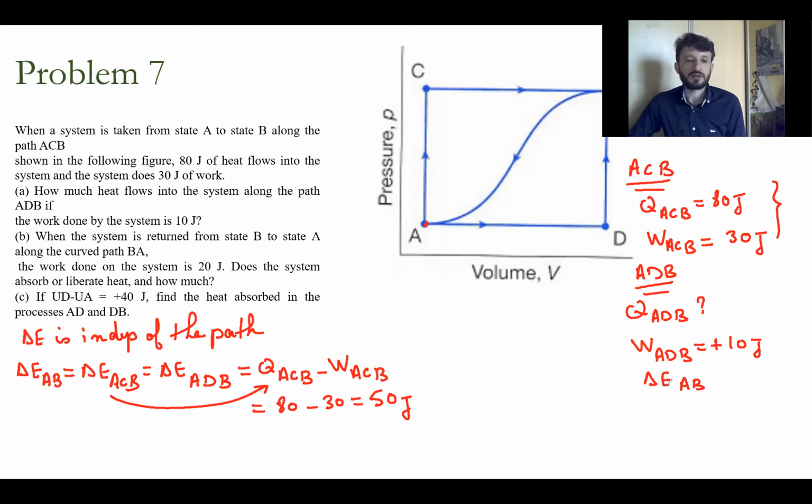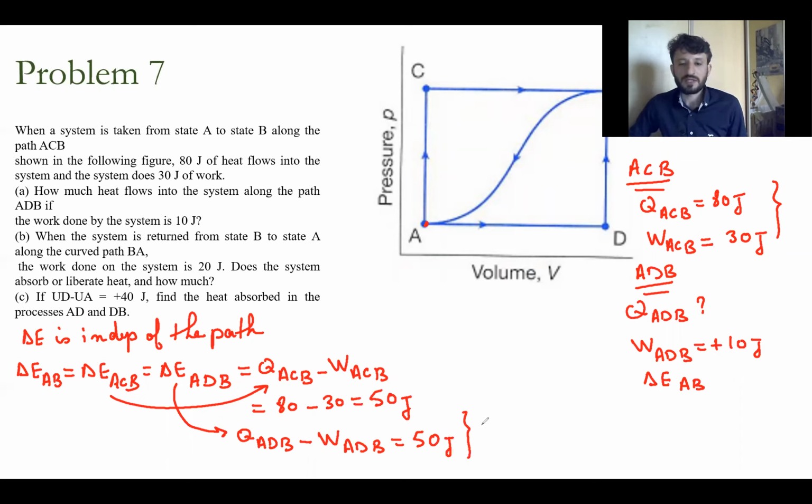To calculate Q ADB, we can take the path ADB. You know, delta E ADB equals Q ADB minus W ADB, equals 50 joule.